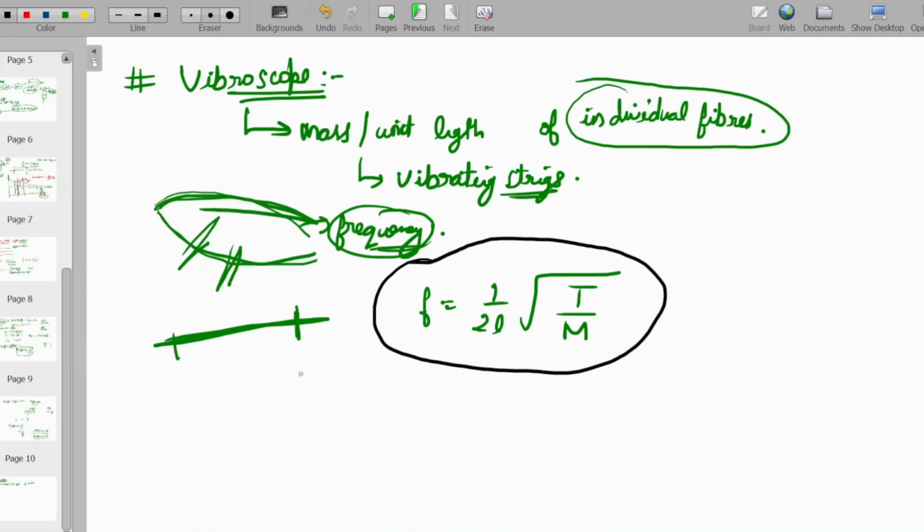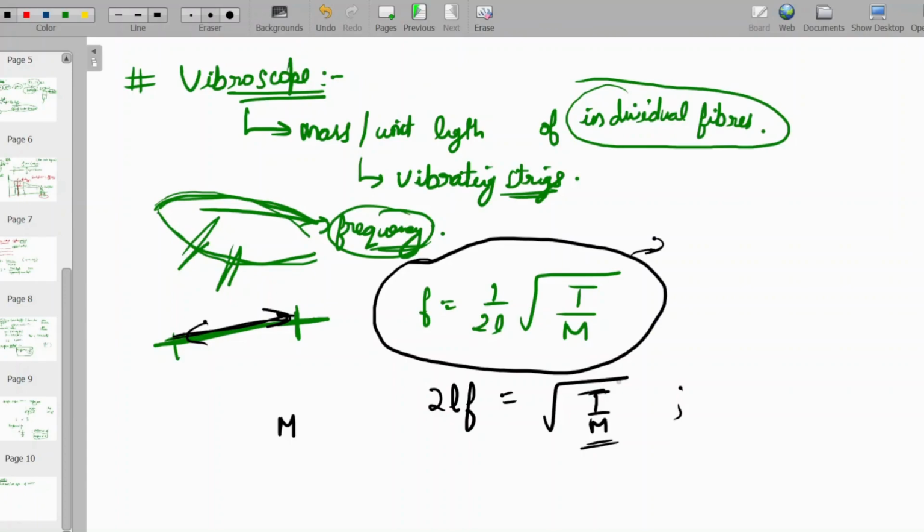Say lambda, what is it? Lambda is the wavelength. Wavelength is the distance between the waves. I will not tell you the details of how this derivation is done. If you want, I can tell you. So it can be f is equal to 1 upon 2L under root T upon m.